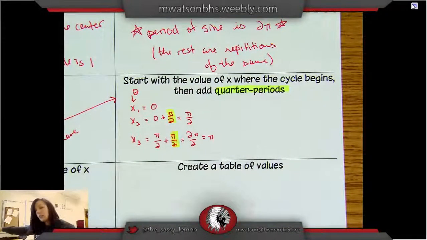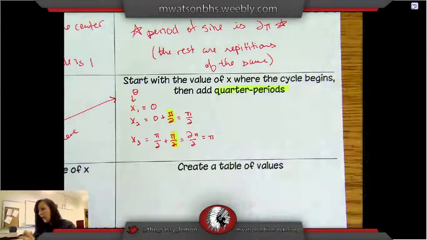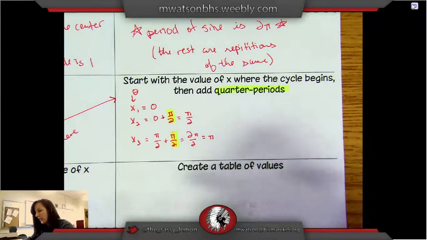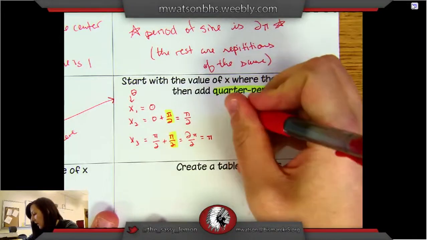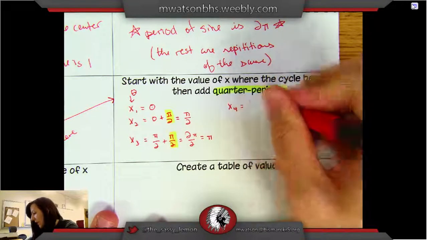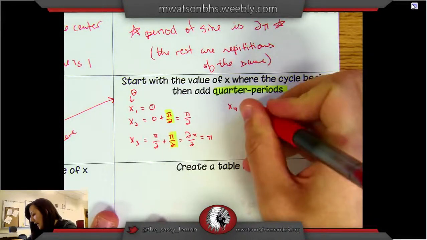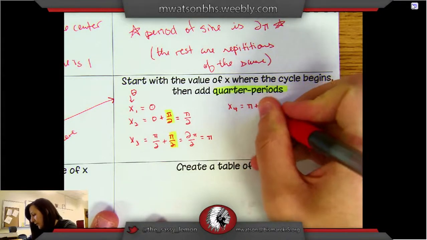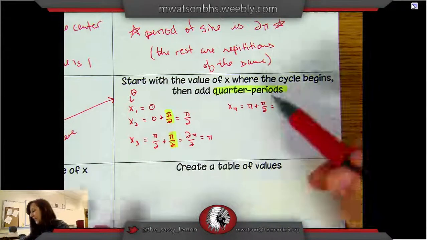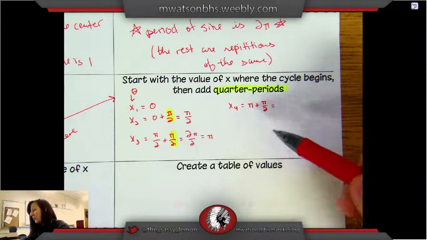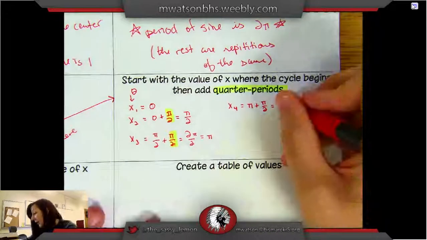We're going to keep doing this until we go a full period, because we want to see what the whole graph does from beginning to end of one period. So let's do another one. X sub 4 equals pi plus pi over 2. This is going to take some mental strain because pi was 2 pi over 2, plus pi over 2 is now 3 pi over 2.